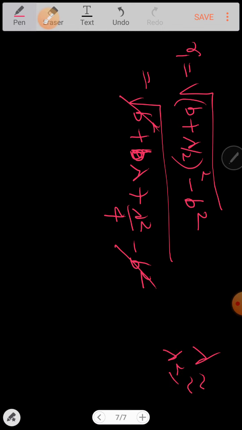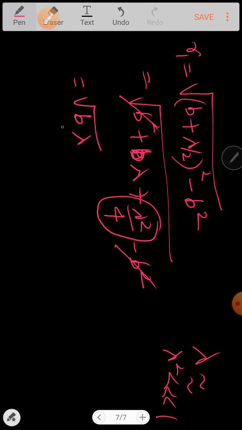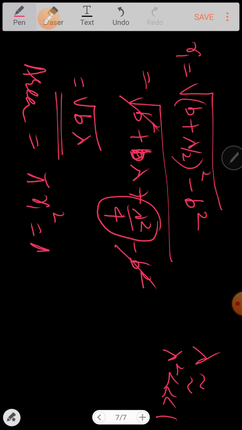That means lambda square is even smaller, so we can neglect the term with lambda square. So R1 is root of b lambda, and this is the radius of the first zone. The area of the first zone is pi r1 square, that is pi b lambda.